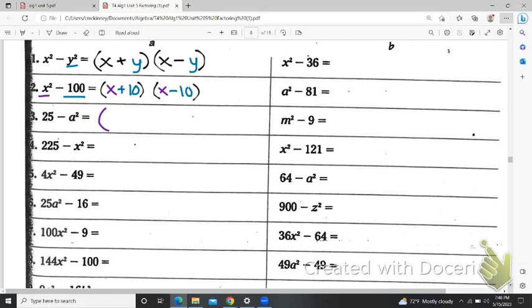So this one looks a little awkward because we've got the 25 first, but keep that one first. So 5 times 5 is 25. And then to get a squared, a and a, one's a plus, one's a minus. So to find the numbers that we're using, we're doing square root.